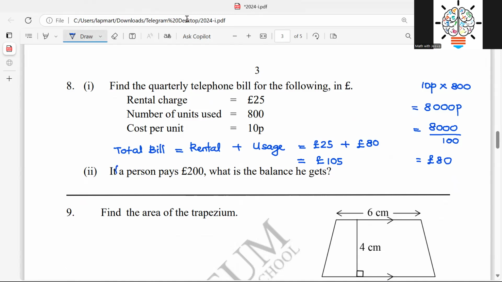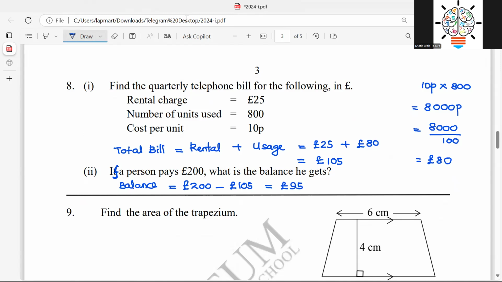This should be "if", right? Printing mistake. If a person pays 200 pounds, what is the balance he gets? The balance he gets will be, you want to deduct 105 from 200. So the balance will be 95 pounds, right?